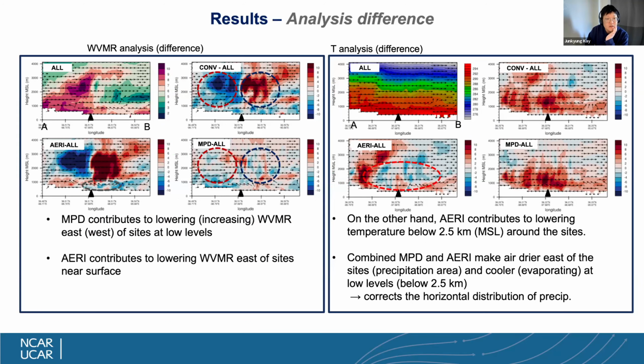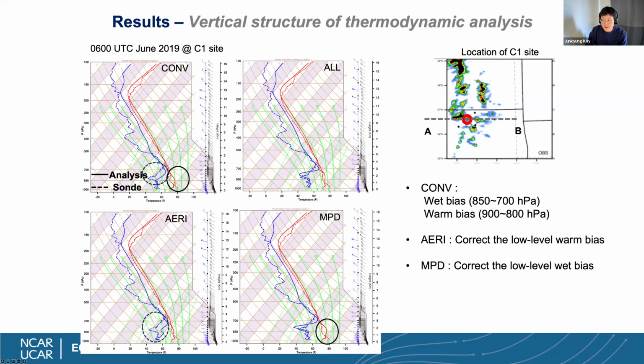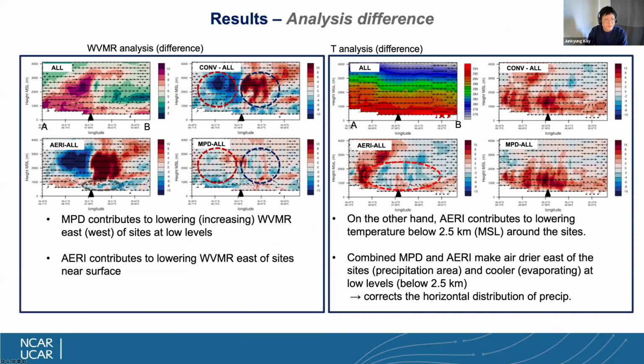This is the height-longitude cross section along the line A and B. The first figure shows the full field from the ALL experiment, and the other figures show the difference field between the other DA experiments and the ALL experiment.